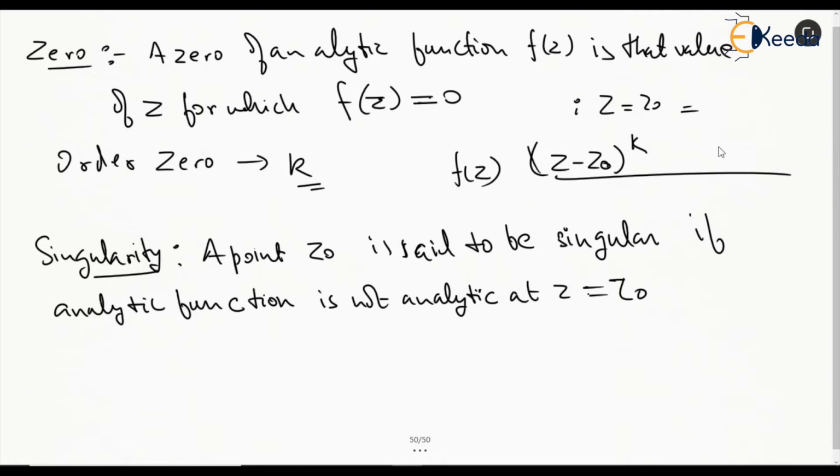So possibly for a function which is analytic, there can be certain finite number of points at which this function might not be analytic. So that point is known to be the singularity of that function.